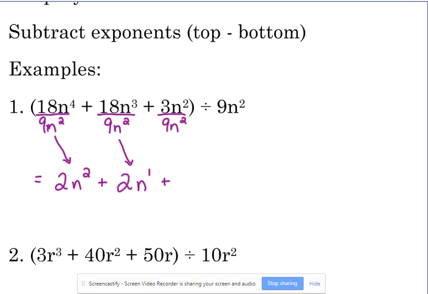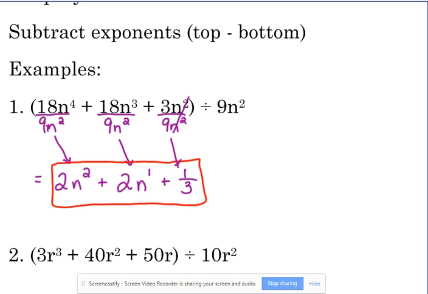The last term, 3 divided by 9, isn't really an even division, but you can simplify that to 1/3, and n squared over n squared, when you subtract those exponents, that's n to the 0. Anything to the 0 power is 1, or you can look at it as, well, they cancel out, however you want to look at it, but we don't have a variable with that part of our answer. So this is our final answer when we divide these terms.